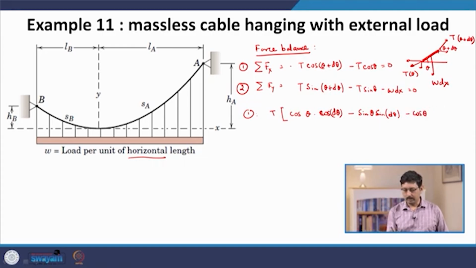Sorry, I made a mistake here. The force at theta plus d theta, so this magnitude should also be different. So, let us call that T plus dT, and the magnitude has to be different because of the presence of this horizontal force.